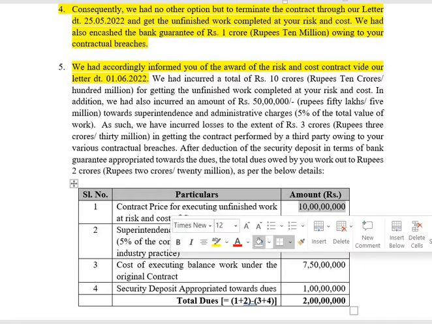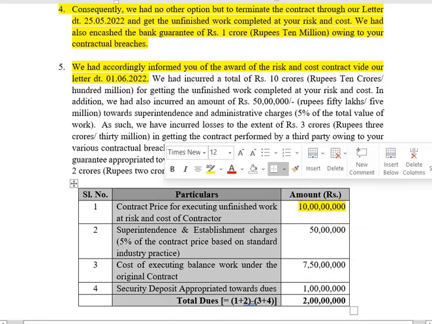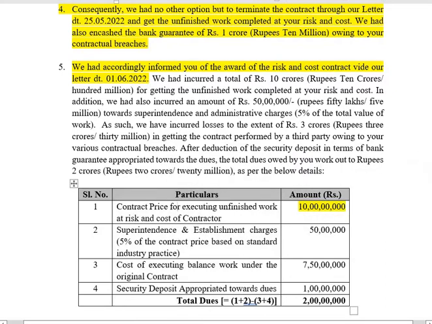That is, the 7.5 crores became 10 crores. So therefore, the difference is rupees 2.5 crores. In addition to that, superintendence and establishment charges of 5% were incurred, that is 50 lakhs. So 2.5 crores plus 50 lakhs comes to 3 crores. So that is how these losses have been calculated.